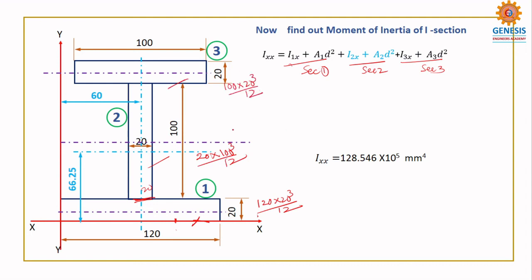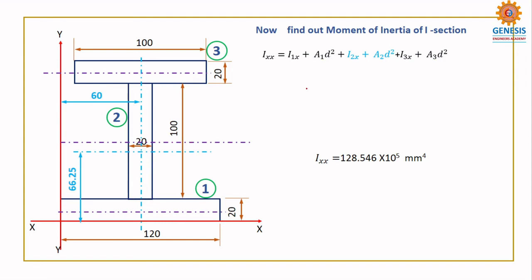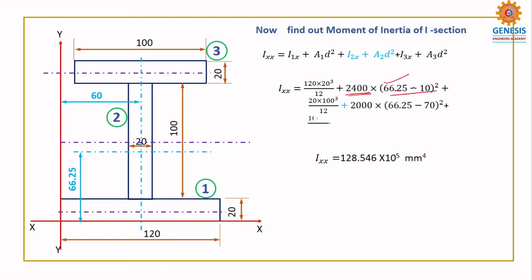And you have to add up the centroidal distance. You observe this, right? This is what I have written: area into distance, the centroidal distance and the centroid. You can write y minus y bar or y bar minus y, you can write anything because it is squared, so you are going to get the same result.